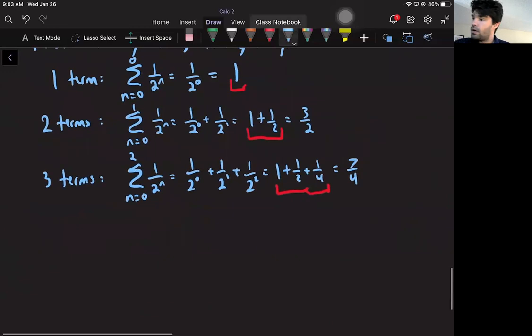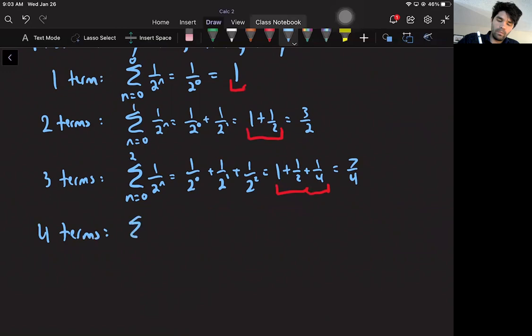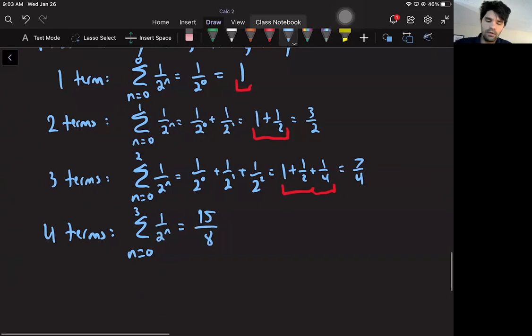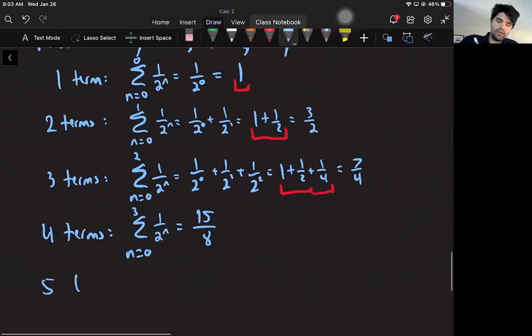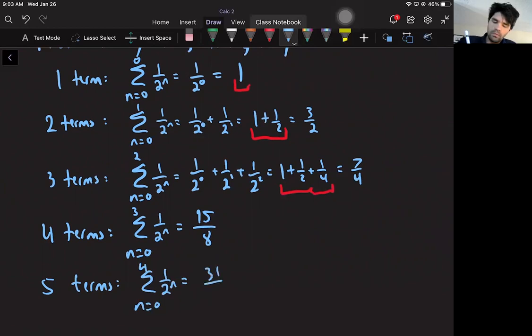Okay, so I guess I want to do 2 more to try to see the pattern. So this one will be 15/8 once you write it all out like this, like I did earlier. And the next one will be 31/16.